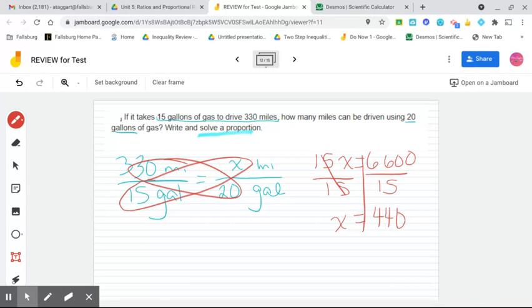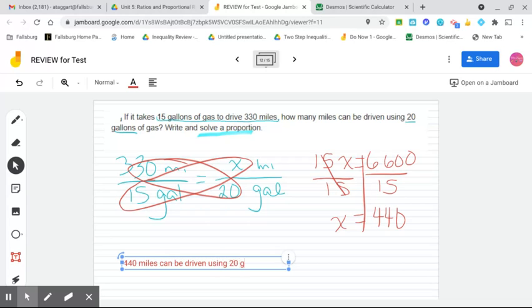So to answer the question here, how many miles can be driven using 20 gallons of gas? We're going to say 440 miles can be driven using 20 gallons of gas. We're just turning the question around here. Okay, we're rewriting the question as a complete sentence.